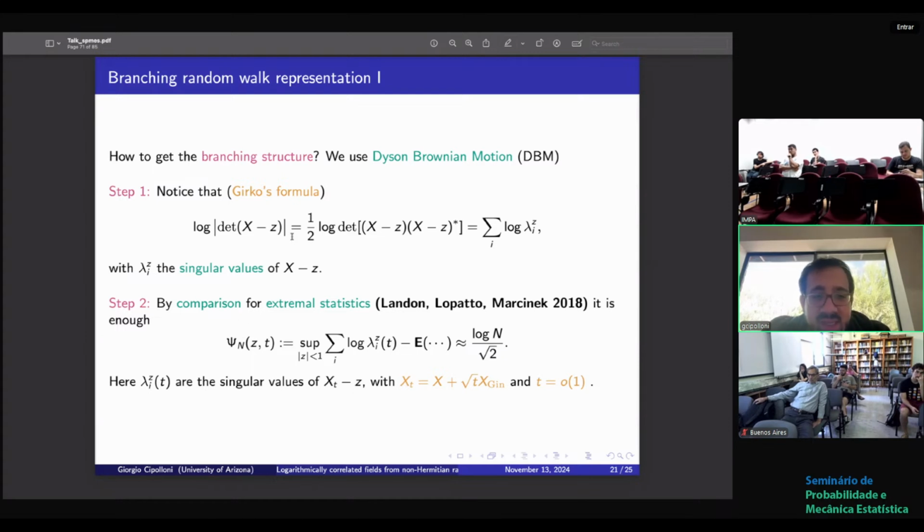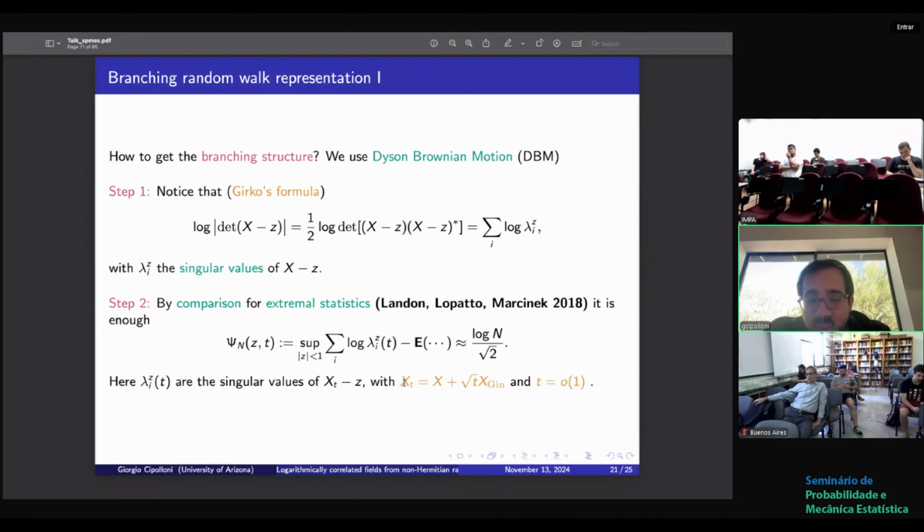Rather than looking at the log determinant, this psi_n of z for our original matrix X, it's more convenient to look at this quantity that depends on time. Here the lambda_i(z) are the singular values of this matrix, which is our original matrix X plus the square root of t times a Ginibre matrix, the Gaussian component. Here t is just little o of 1.